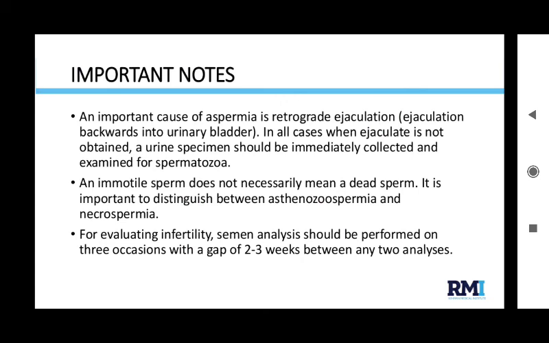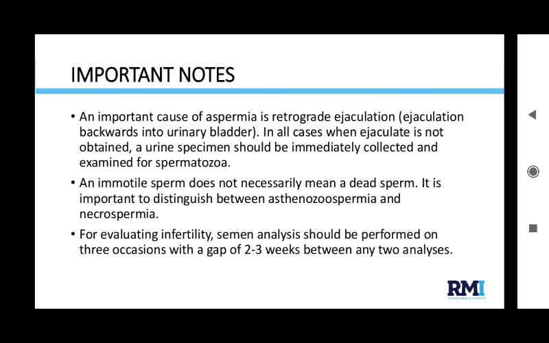If the urine sample which is immediately collected shows sperms, it is an indication that retrograde ejaculation is happening. An immotile sperm does not necessarily mean a dead sperm. It is important to distinguish between actinozoospermia and necrospermia.